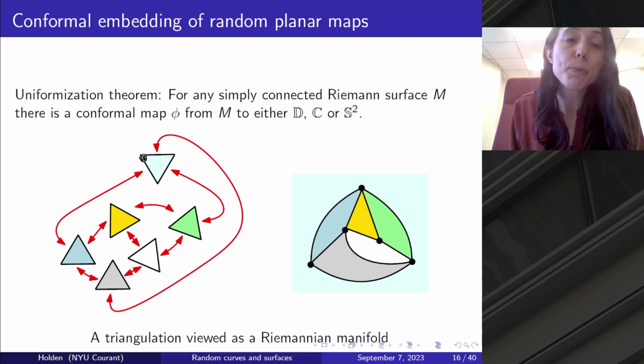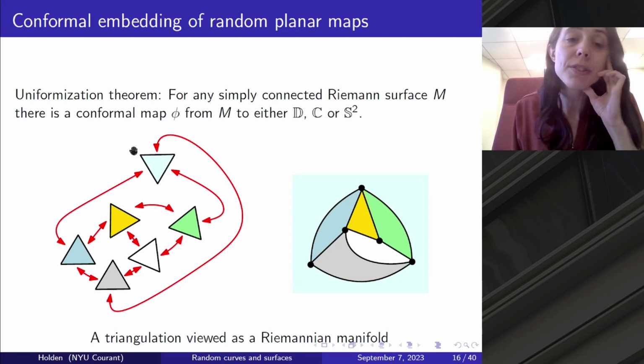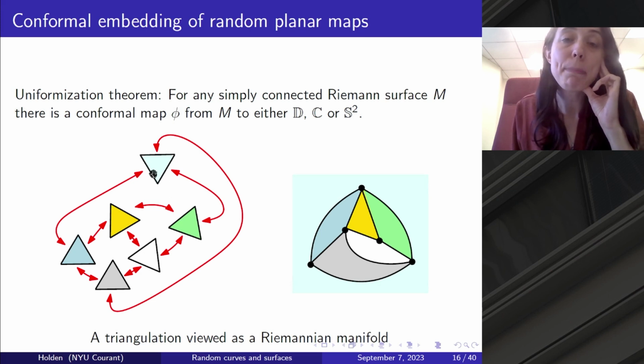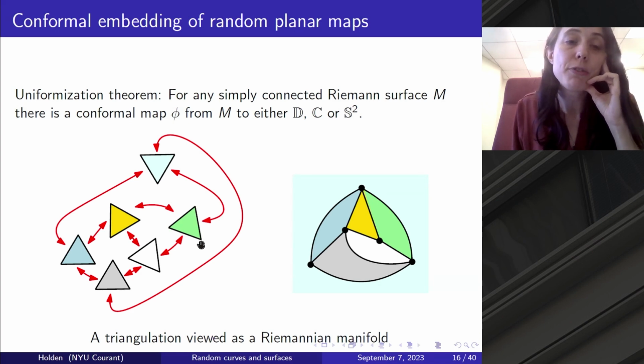In order to observe this, we can consider a collection of standard equilateral triangles, and then we glue these together according to the combinatorial structure of the planar map, and this will give us some Riemannian manifold. Each of these triangles we equip with the metric of the standard equilateral triangle. When we glue them together, we will get a Riemannian manifold which will be smooth everywhere, except that we will have some conical singularities at the vertices if the number of triangles that come together is different from 6.